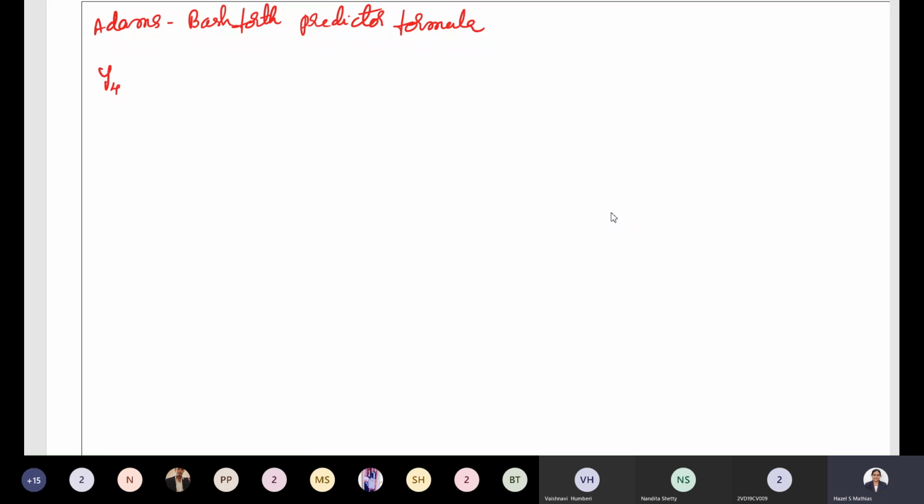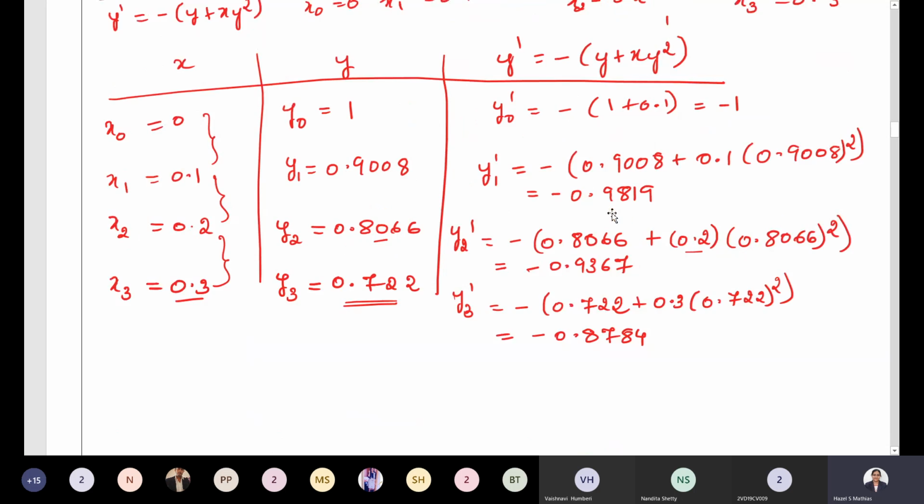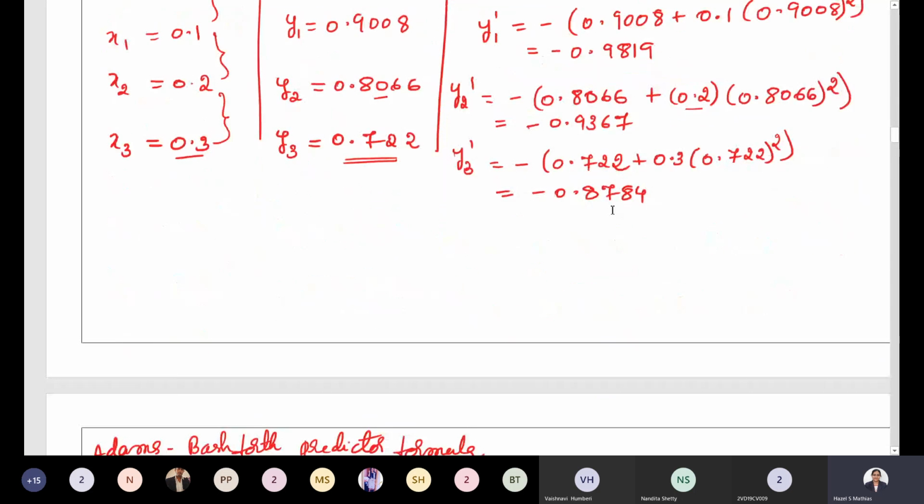What is it? y4 power p is equal to y3 plus h divided by 24 into 55 y3 dash minus 59 y2 dash plus 37 y1 dash minus 9 y0 dash. Substitute all the values from the table.